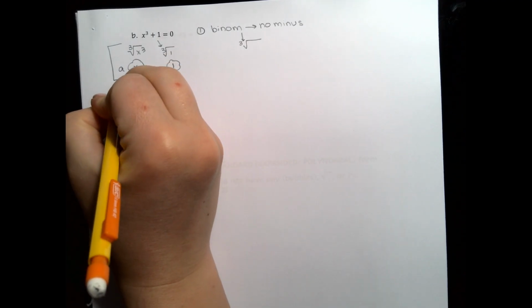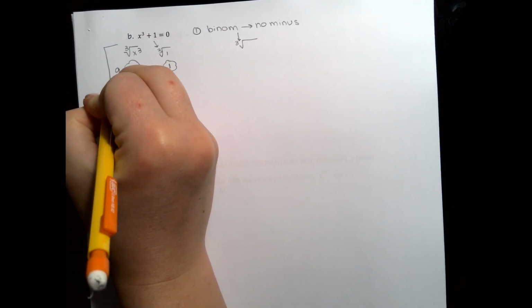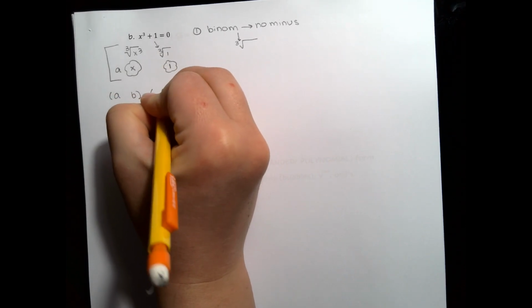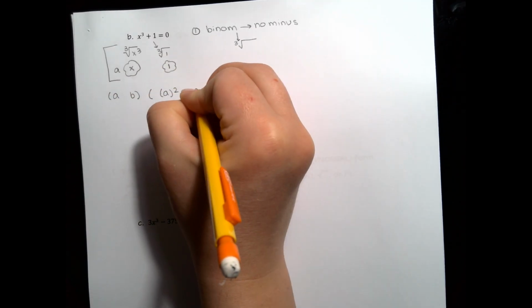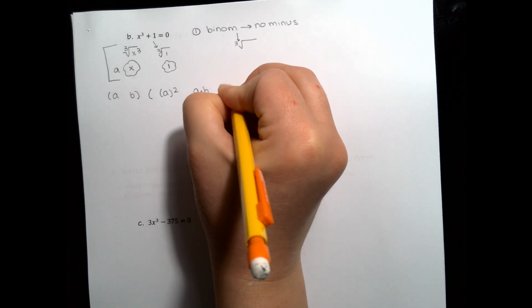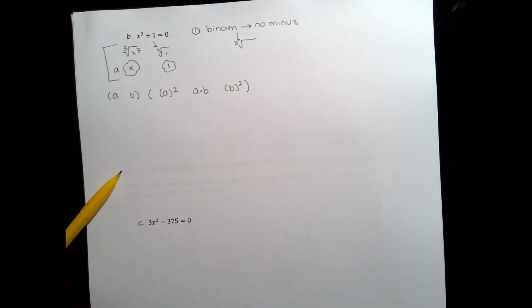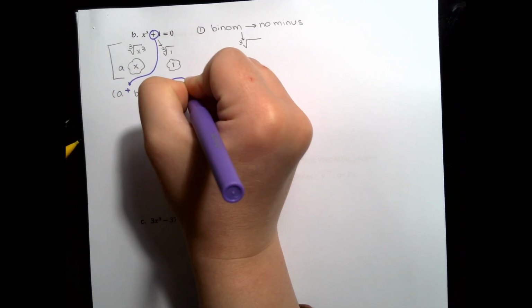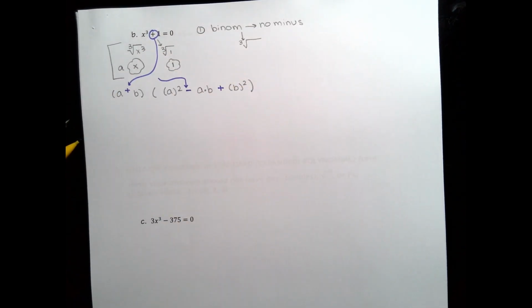So our pattern is, I'm going to write the pattern, then I'll fill that in. a, b, a squared, a times b, and then b squared. Now for our symbols are always same, always different, and then always positive.